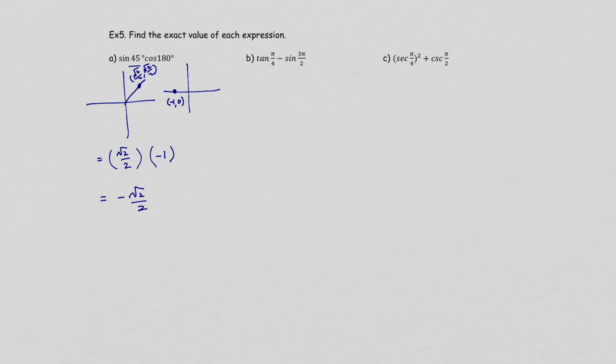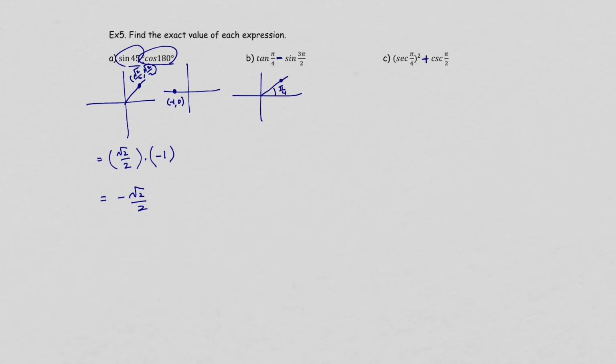Just find each of the values as we learn, and then this one was multiplication, multiply. This one looked like number B is negative and number C is positive. So what about tangent pi over 4? So remember what pi over 4 is. That's 45 degree. Right? So let me draw that. This is pi over 4. That's 45 degrees.